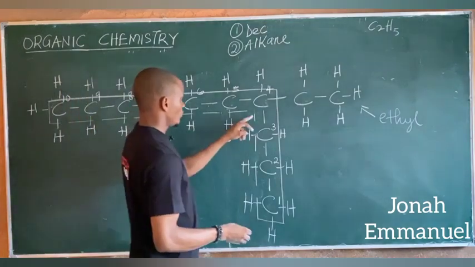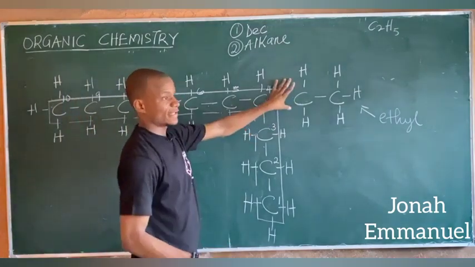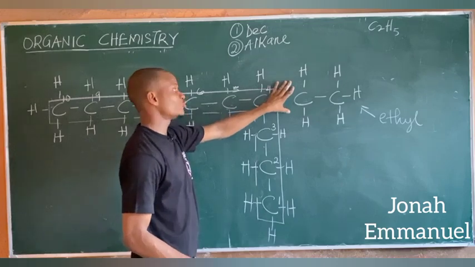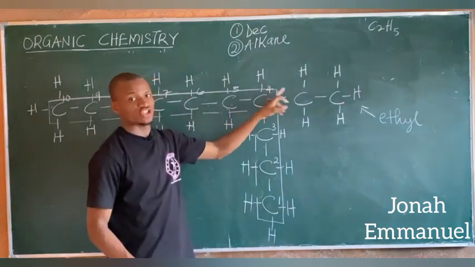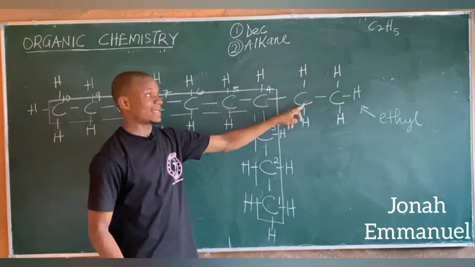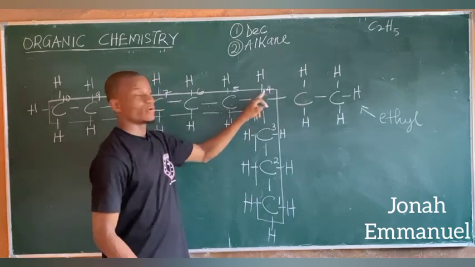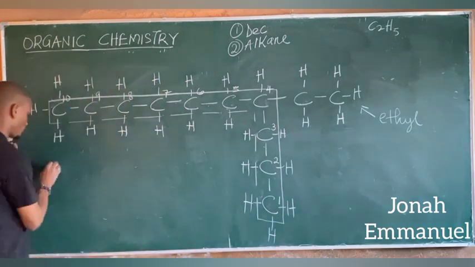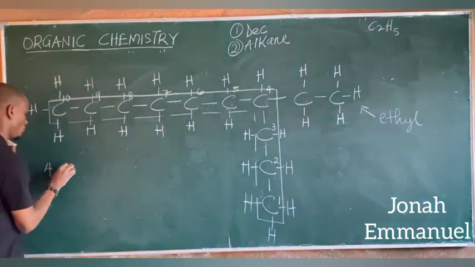So we said name substituent first. I will name this one first in naming the compound, but I'll have to show the position of the substituent. My substituent here is ethyl. Ethyl is attached to carbon 4, so it becomes 4-ethyl.